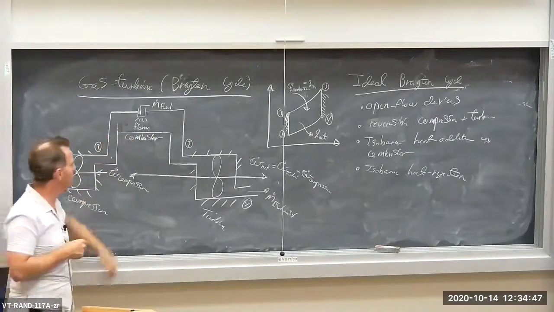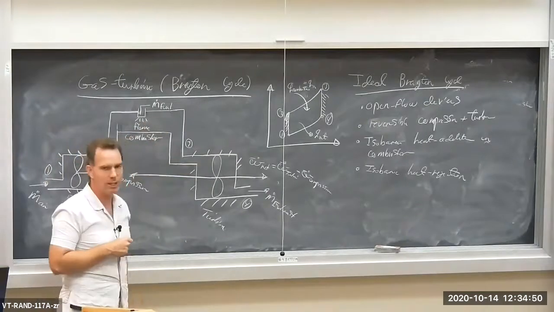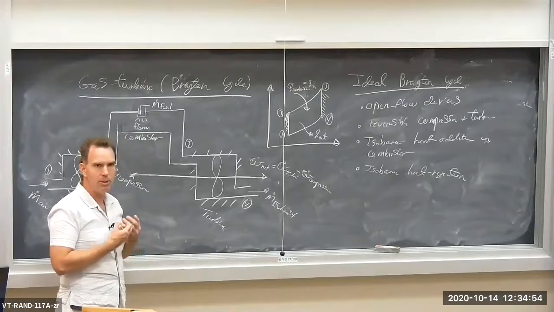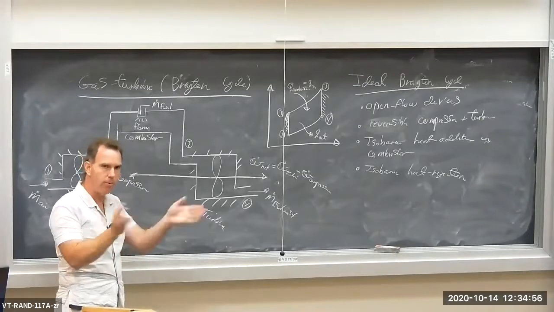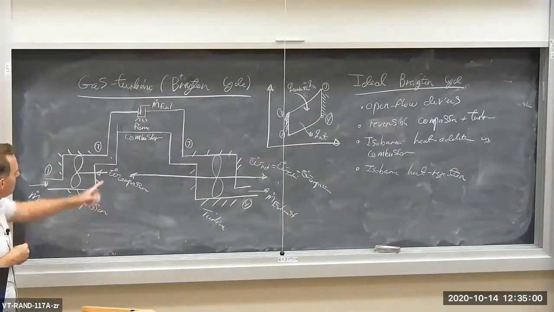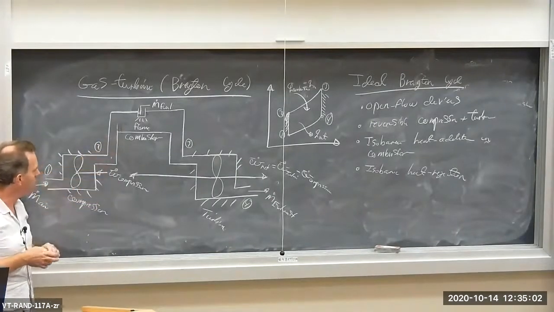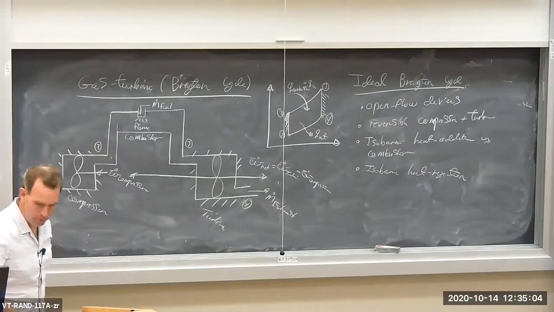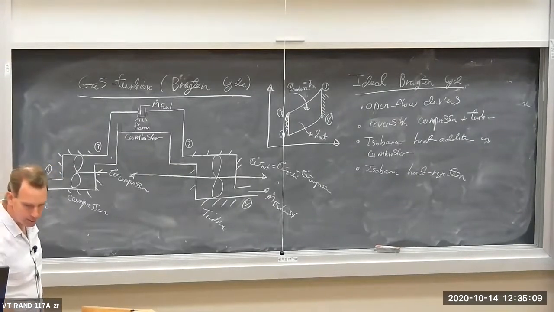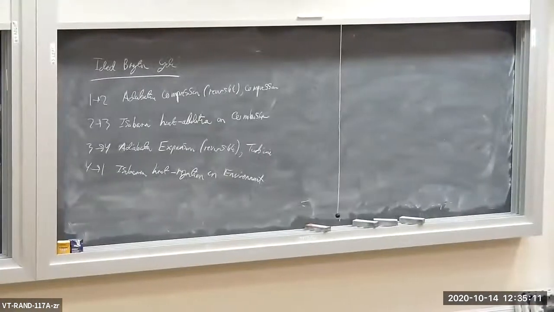Pressure drop occurs due to the acceleration of the flow as it gets heated up. As you heat something up, the density goes down and the flow velocity has to increase to maintain m dot. There's also maybe some friction going on in here. So we may have a pressure drop in the combustor. We certainly have possibly inefficiency in the turbine and compressor.